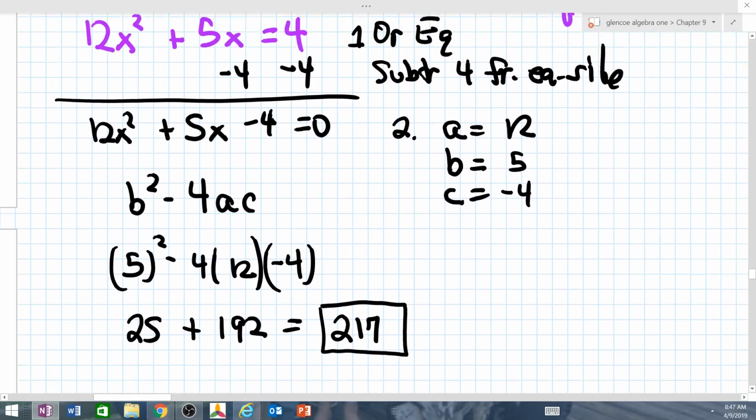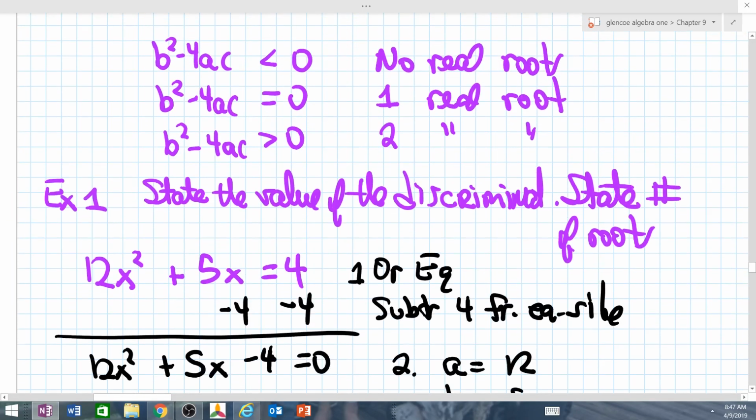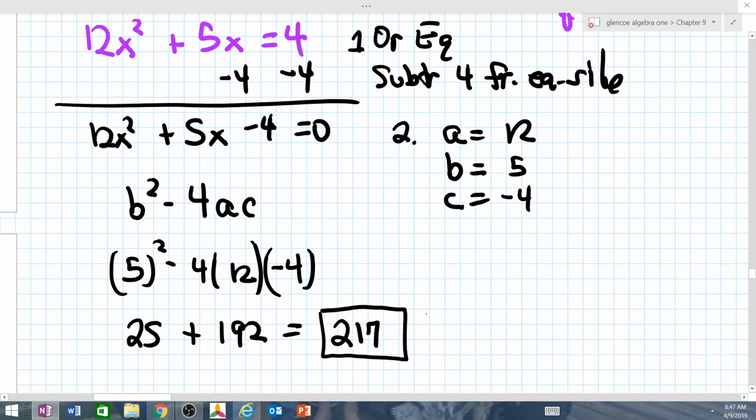Now let's go up here and look at our three cases. Is 217 less than 0, equal to 0, or greater than 0? Based on that, how many roots is this equation going to have? 2 roots. Are you with me? Okay, let's try another one.